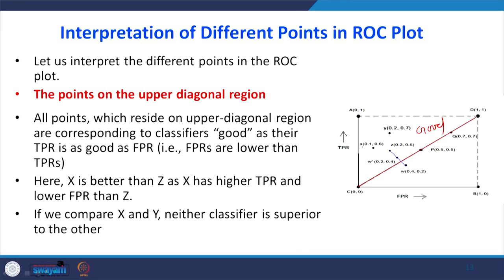See, there is one point x. When you compare x and z, x is better than z because x has higher true positive rate and lower false positive rate than z. When compared to x and z, x is better. If you compare x and y, neither classifier is superior because there is a trade off between TPR and FPR. The TPR is increasing, FPR is also increasing.